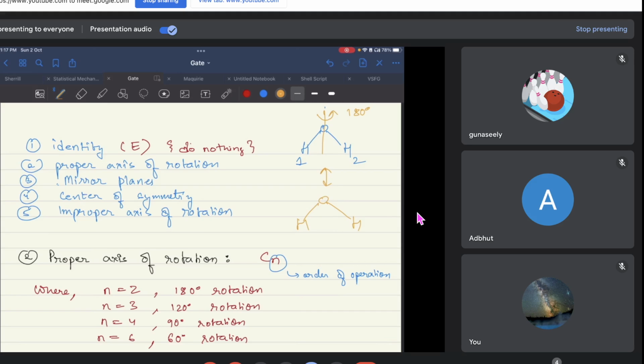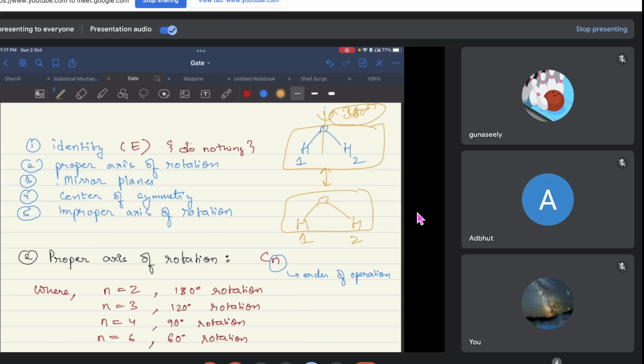But if I'm doing 360 degrees, then this will again be 1 and 2, correct? Because if I'm doing 180, then this will be 2 and this will be 1. After this, it is the same as the first configuration. We have done only a full rotation, not even a flip.